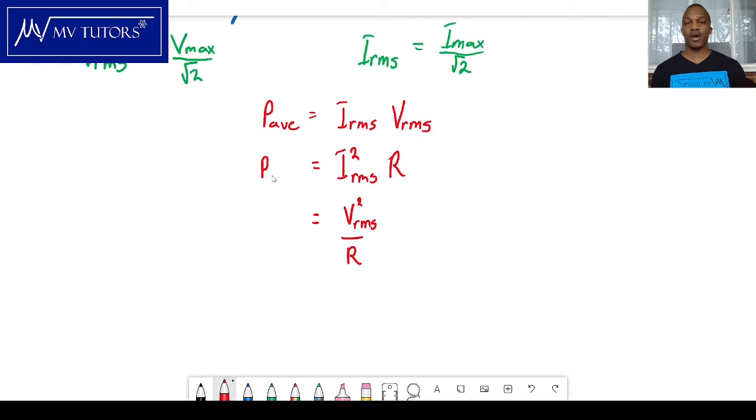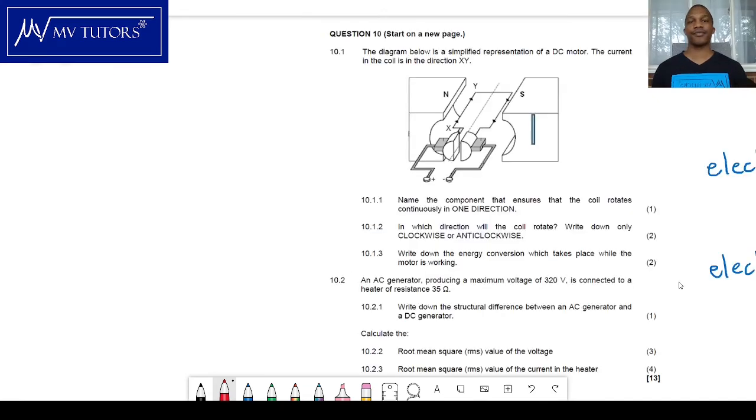You use the one that depends on what you are given in the question. So you choose the one that has the given variables in your question. Now let's go and see how these principles actually apply in an exam setting.